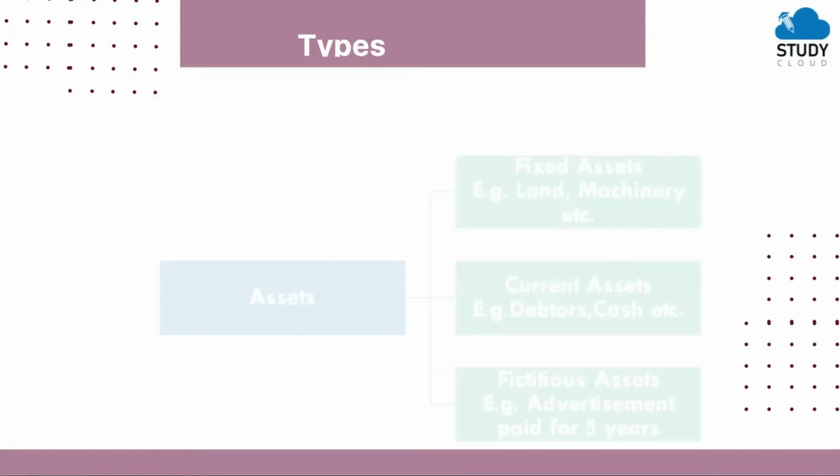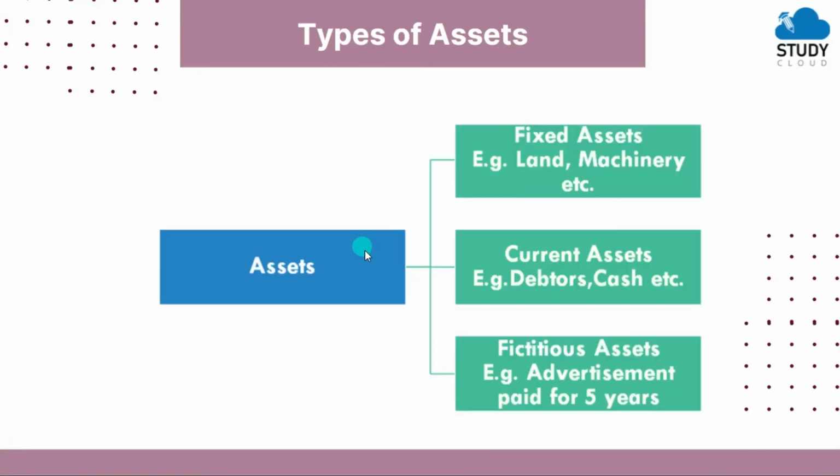Now there are three main types of assets. One is fixed assets. Fixed assets are those assets which are fixed by nature and give long-term benefit to a business. For example, land, machinery, buildings, etc. Then there are current assets.